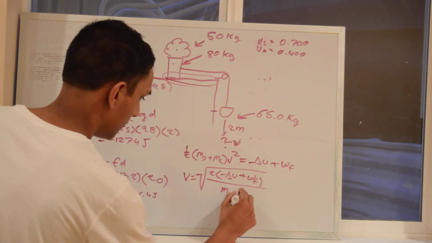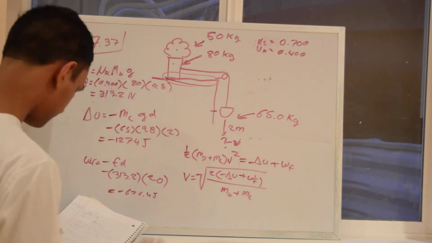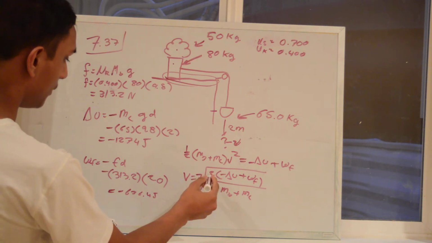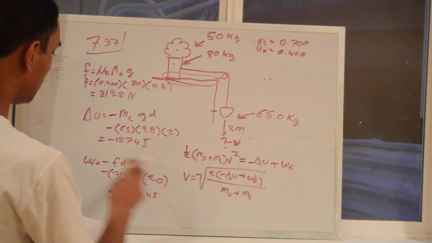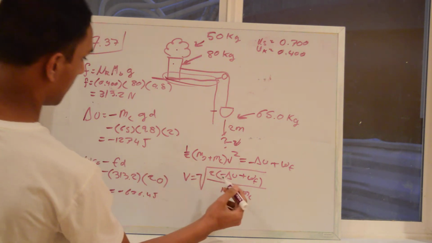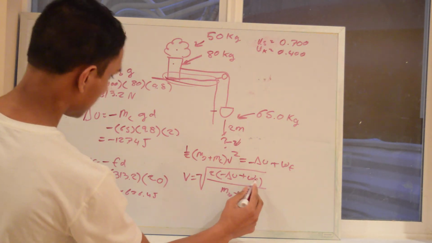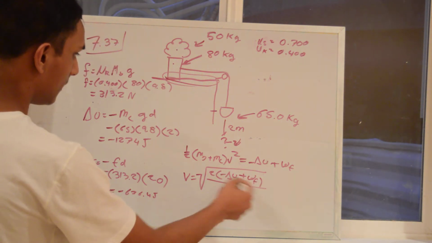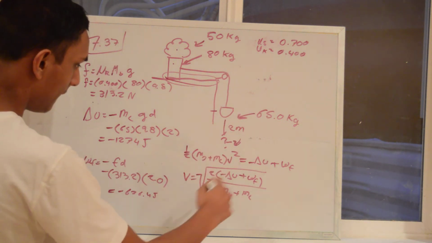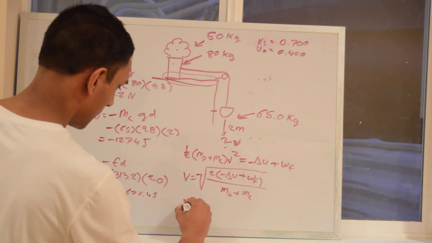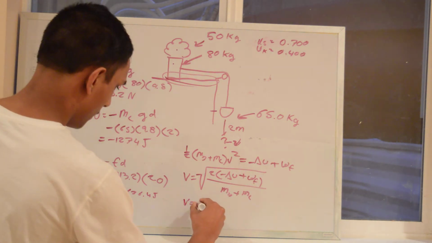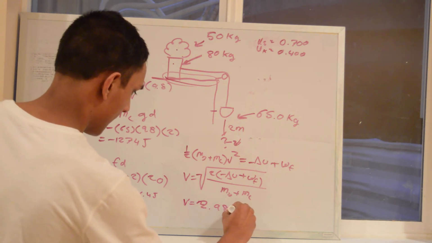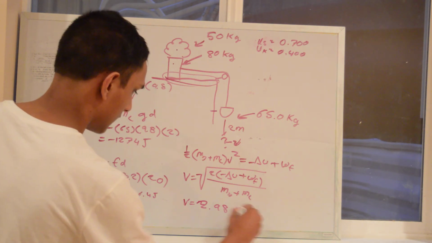So MB plus MC. And I plugged everything in prior to this, but basically what you would do is 2 times, you have negative change of U, so negative times the negative, you have 2 times 1274 plus negative 626, so you add those, multiply by 2, and then divide it by 65 plus 80, find the square root of that, and we get a final answer of 2.98 meters per second.